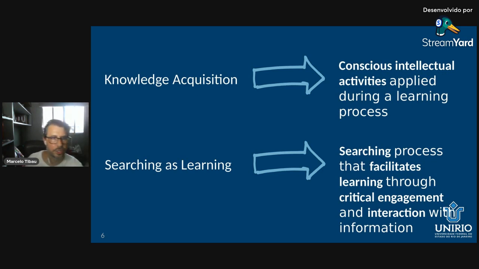The first definition concerns knowledge acquisition, which stands for the conscious intellectual activities applied during a learning process, such as learning as a searching process that facilitates learning through critical engagement and interaction with information. Engagement and interaction are pivotal in this study.